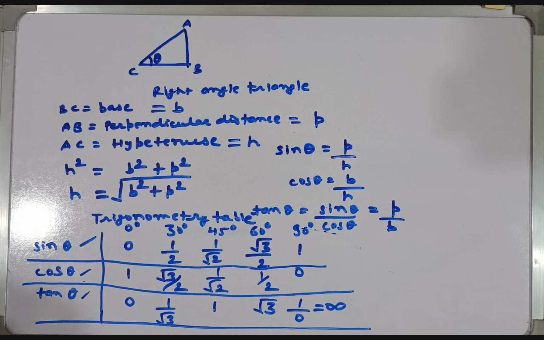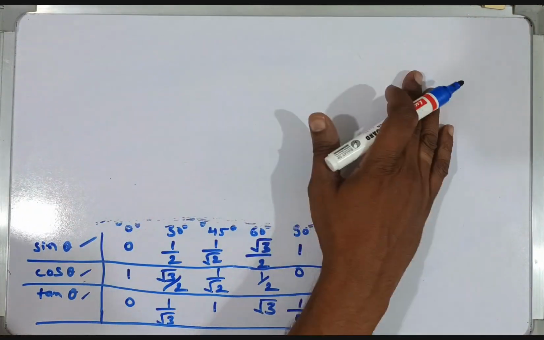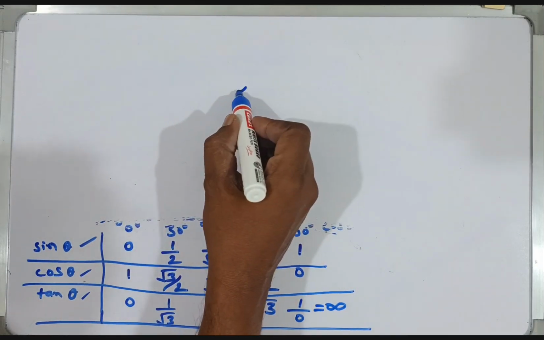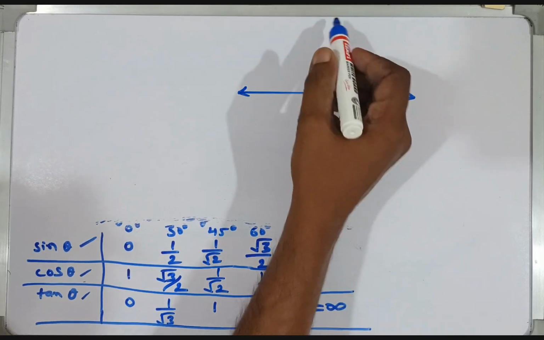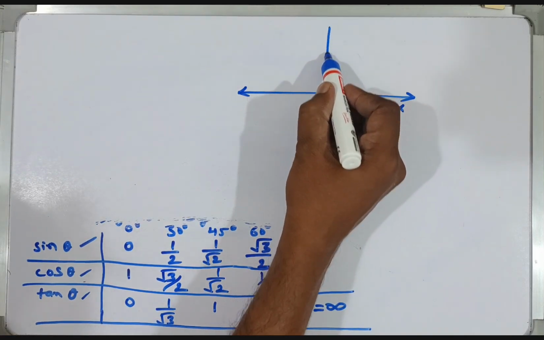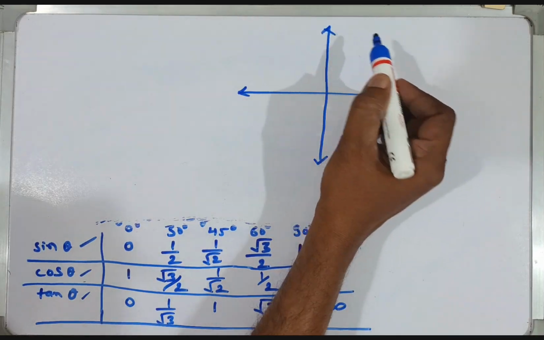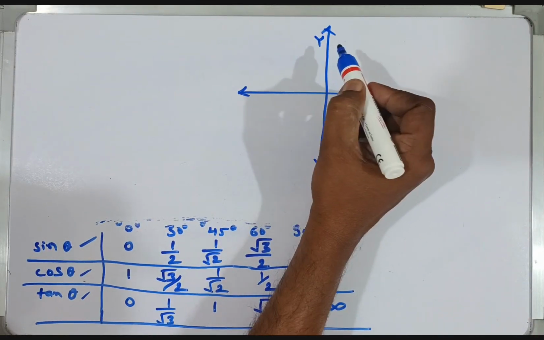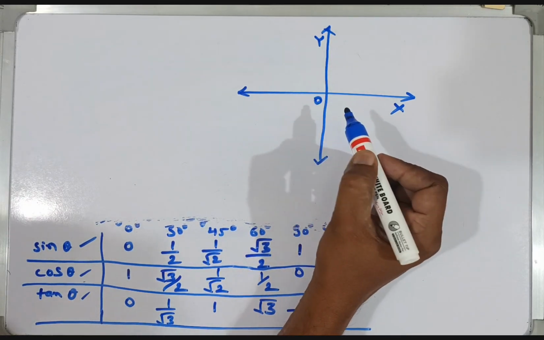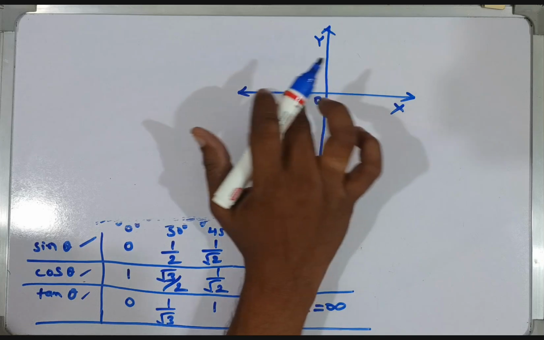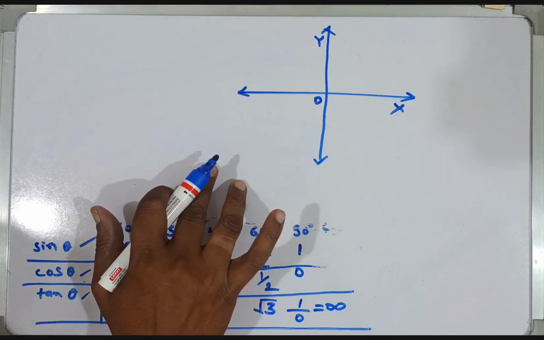Suppose this is a plane, and we draw a line which is x and another line perpendicular to it, say y, which cuts at point O. This is a two-dimensional plane.